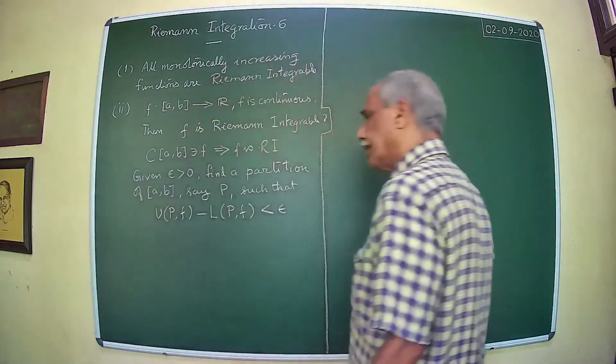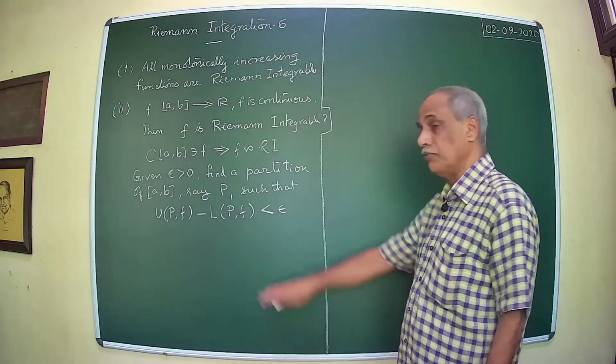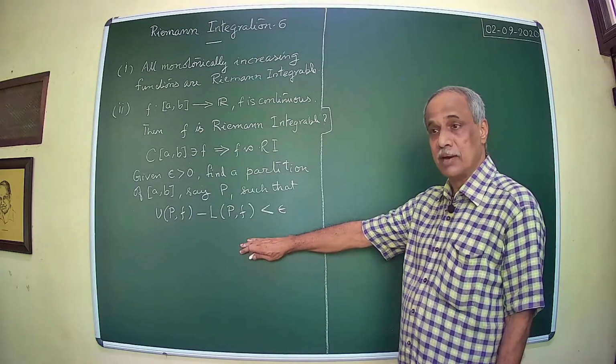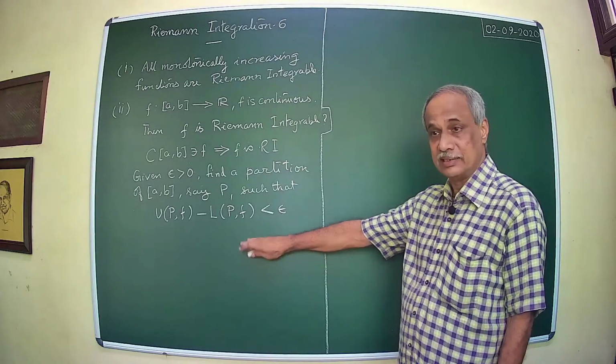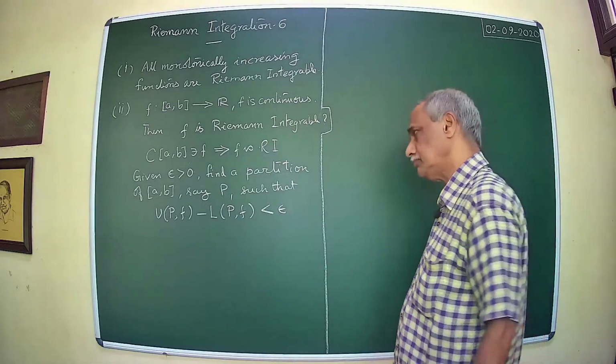Is it possible to find such a partition? Now this is what we are going to examine. And if we can prove this, then it implies f is Riemann integrable by the characterization theorem. So let us see how we can work on this.